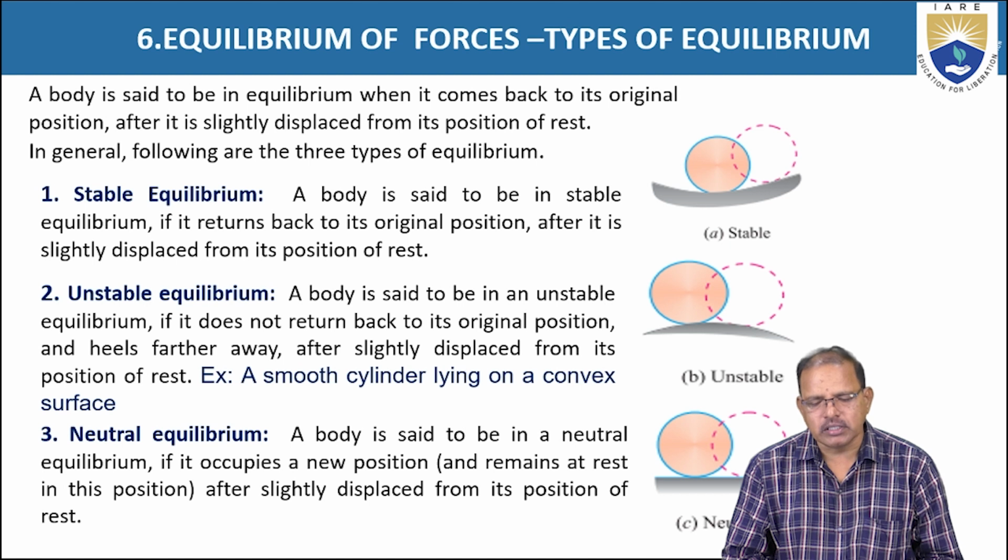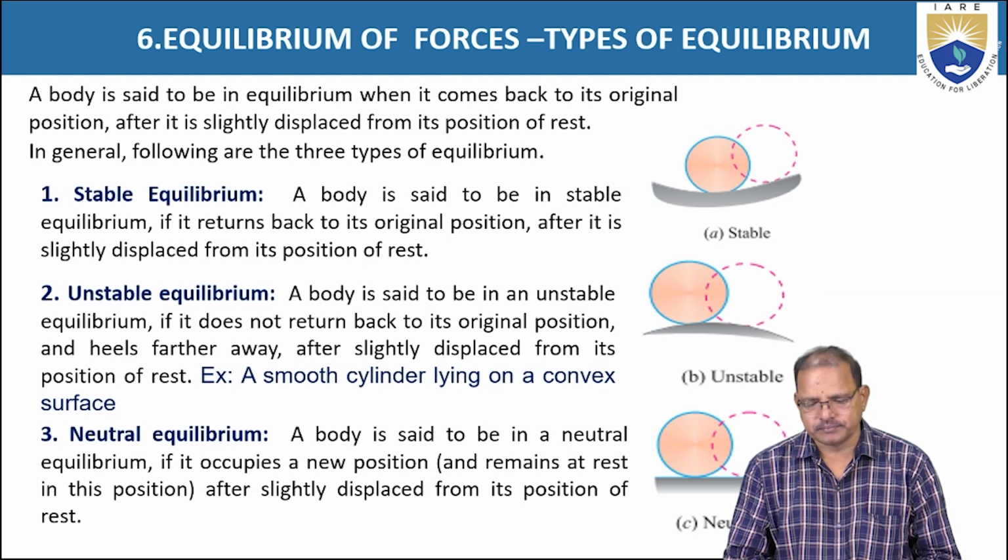In general, the following are the three types of equilibrium. One is stable equilibrium. A body is said to be in stable equilibrium if it returns back to its original position after being slightly displaced from the position of rest.